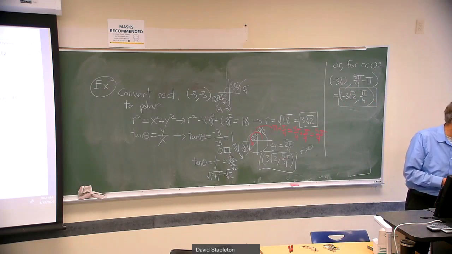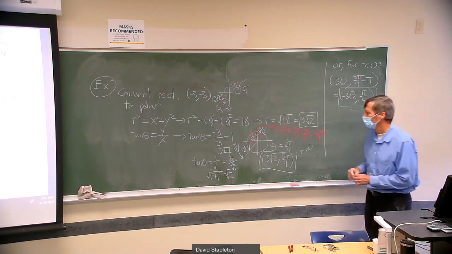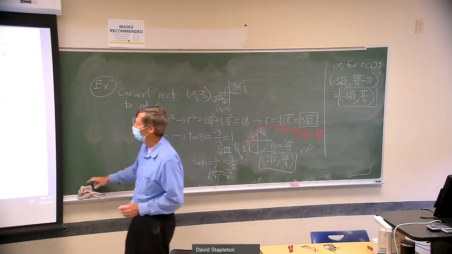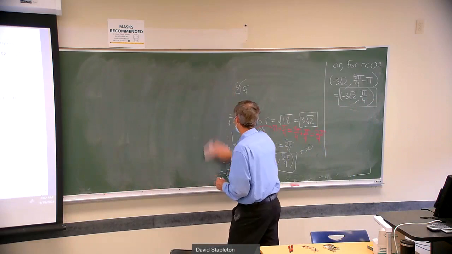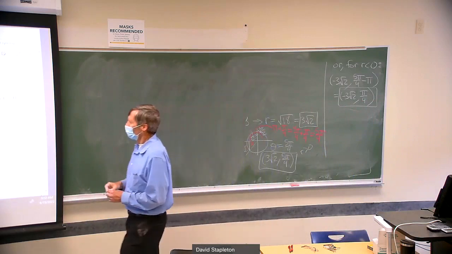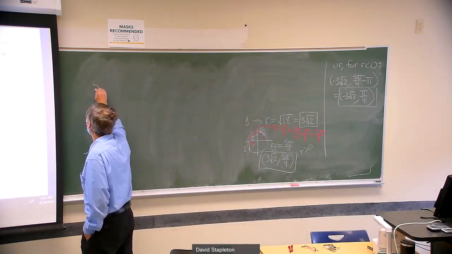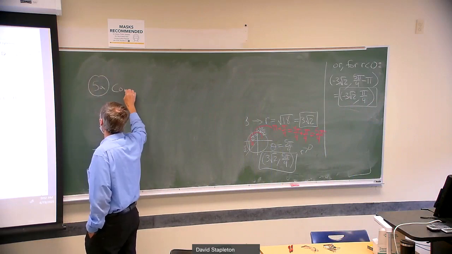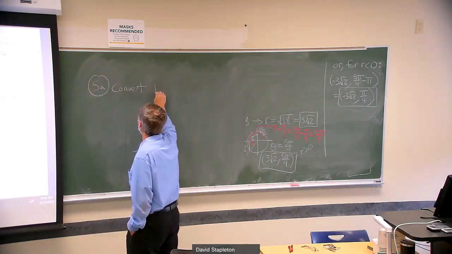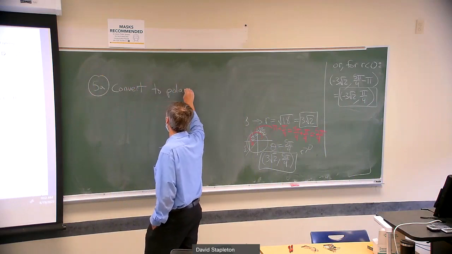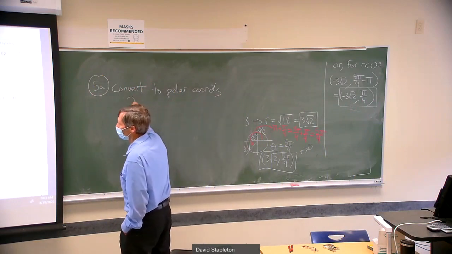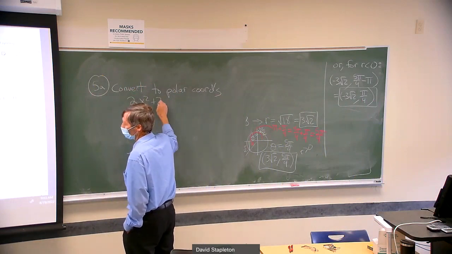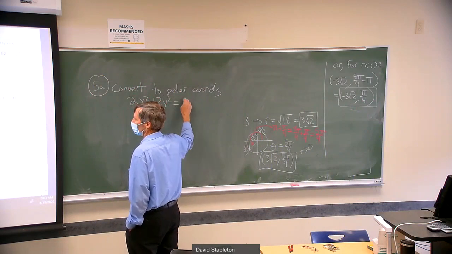Now let's see. We want to convert some equations, is another one. Let's look at 5a and say convert to polar coordinates the equation 2x squared plus 2y squared equals 8x.